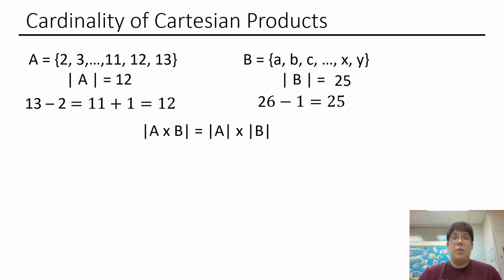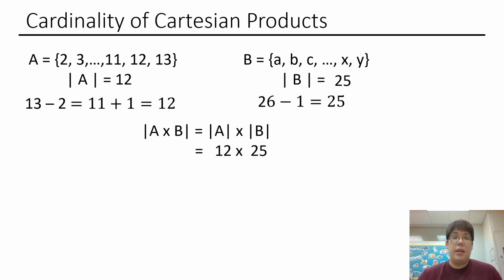Well, if you remember back to the first couple of examples, we have that the cardinality of A crossed with B is equal to the cardinality of A times the cardinality of B. So actually, I can just say that this Cartesian product of A crossed with B will be 12 times 25.